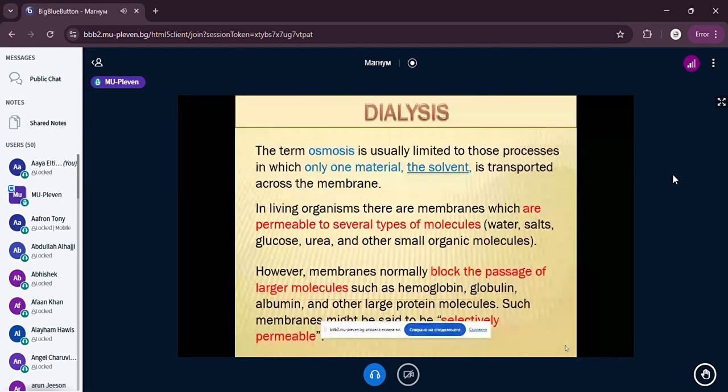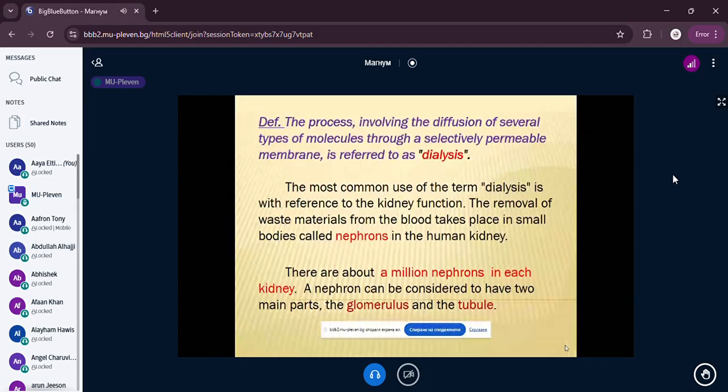So, the discussion will be about the kidney, since the term dialysis is used frequently in relation to kidney function.